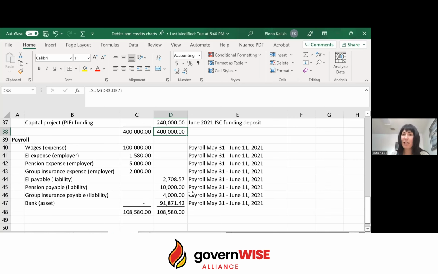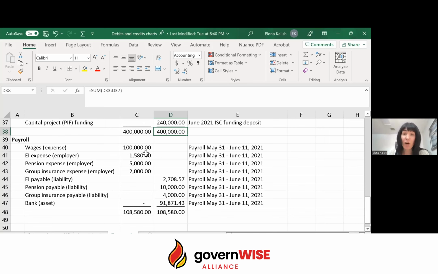So whatever I deducted from my employees and whatever I have to remit for CPP, for EI, for maybe group insurance and pension, that's going to sit in accounts payable until it's actually paid. So it's going to sit in a liability because normally we make payment once a month, maybe twice a month for some of us, for payroll liabilities.